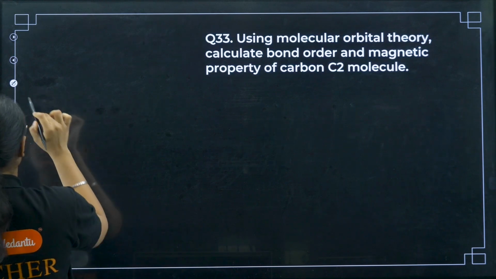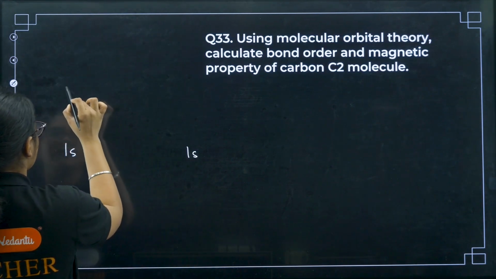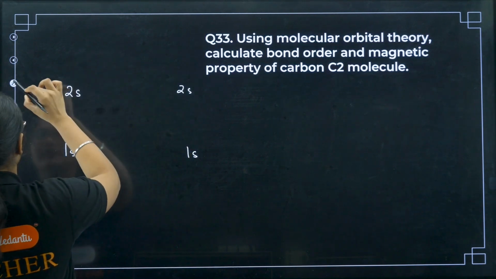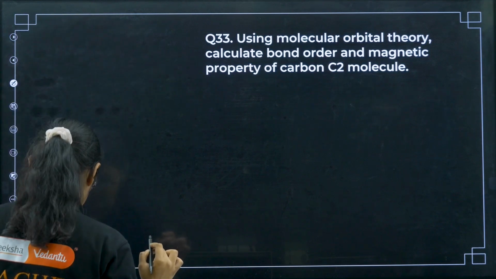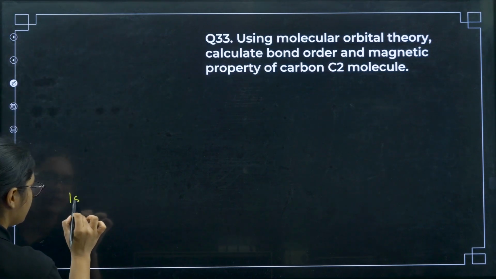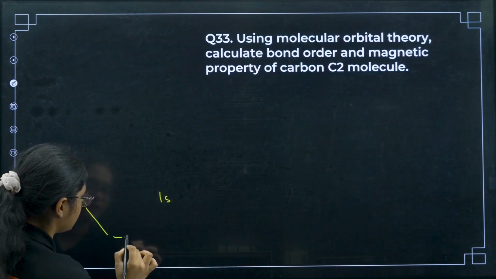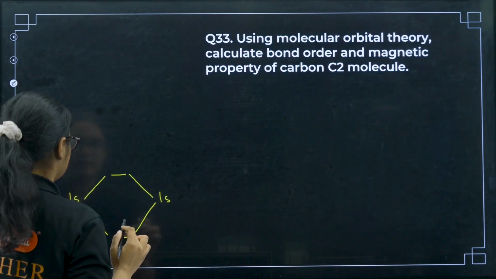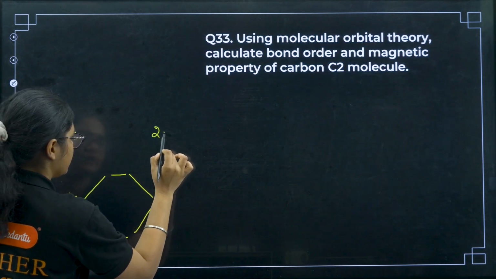I have 1s, 1s, then I have 2s, also 2s. I won't get space here, let me start from a little down. I'll start from here, 1s, 1s. So here there is sigma 1s, and here it is sigma star 1s. Next I have 2s and 2s.